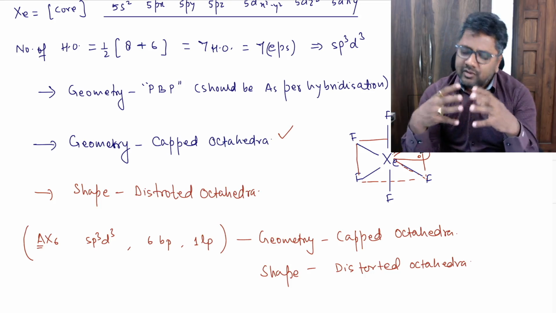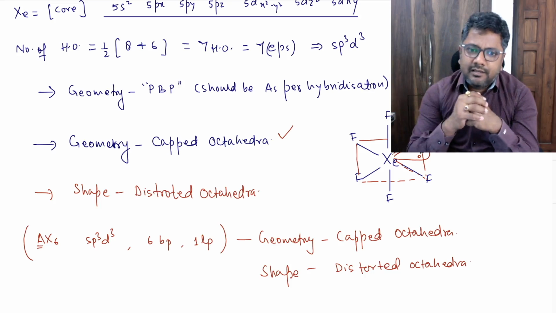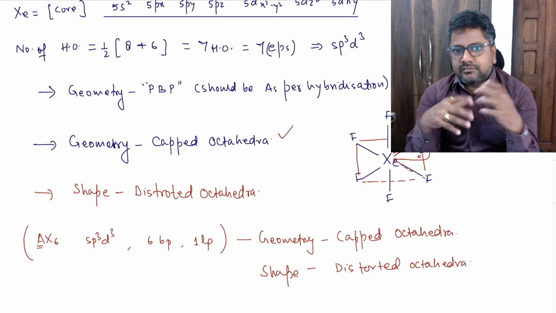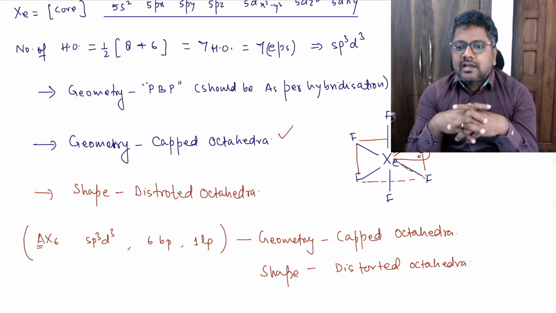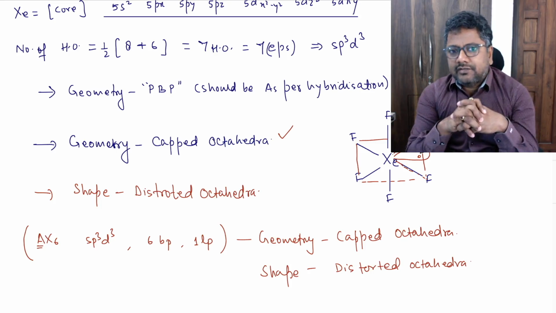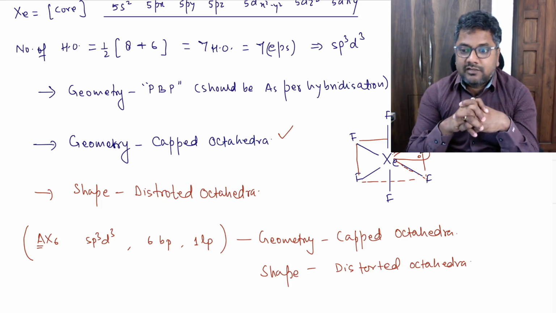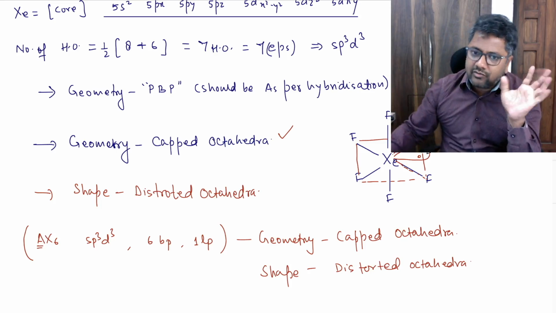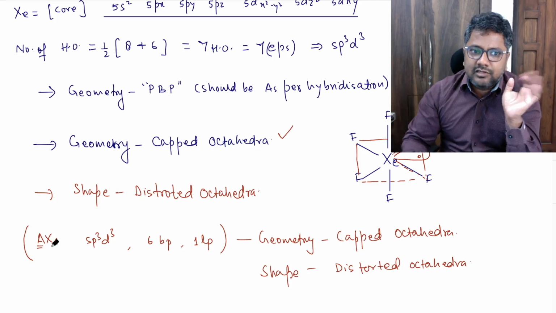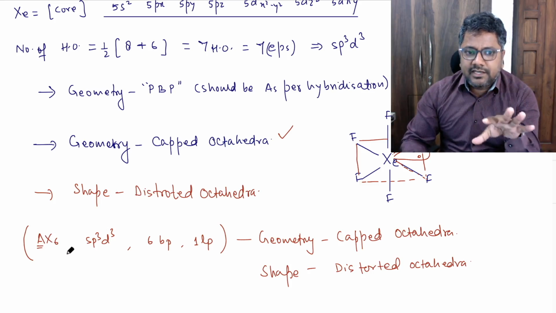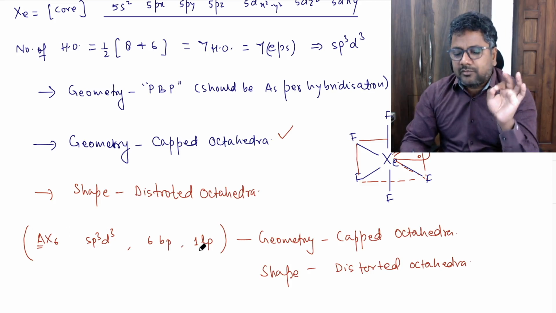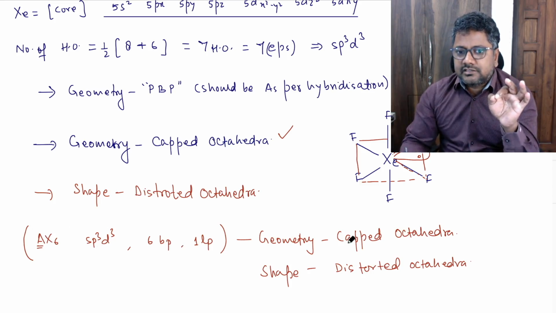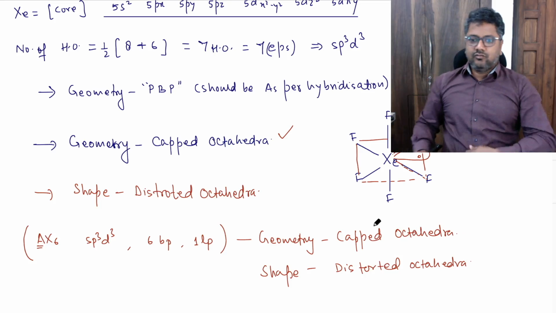Hybridization may help you to form some opinion about the molecule, that the molecule should be like this, but the actual fact we will get from the experiment only. So now it is clear that if any molecule of the general formula AX6 has sp3d3 hybridization with 6 bond pairs and 1 lone pair, this statement is always true, right?